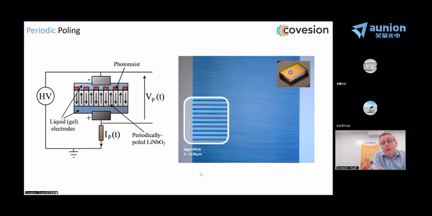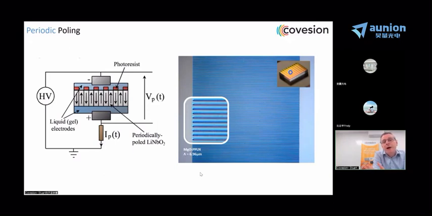The way we form the grating in the material is to apply a high electric field across the material. And it's that high electric field which forces the crystal domain to orient with and against the electric field. And that's done on a wafer scale process. So we pattern a whole 3-inch wafer with the grating structure using standard lithographic techniques.